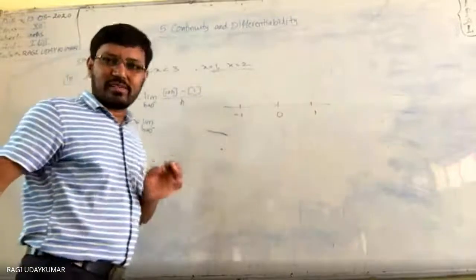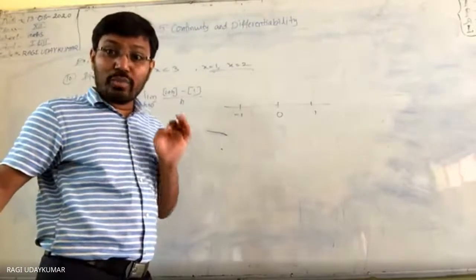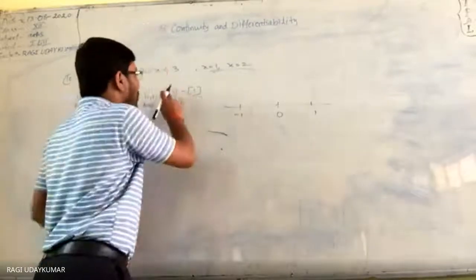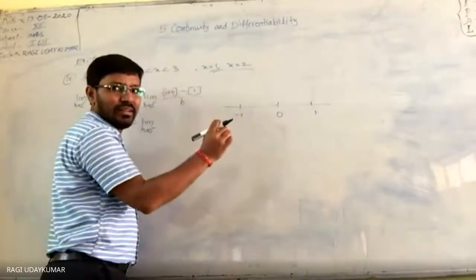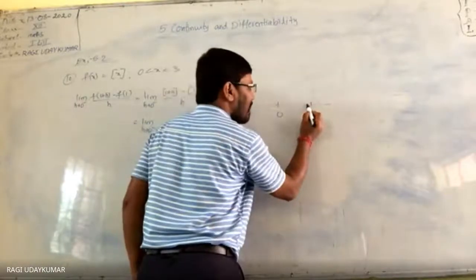Try it, okay? So here 1 plus h is nothing but this value. What may be the approximate value? Minus 0.000001. So if you are subtracting something from 1, you get a number very slightly less than 1.